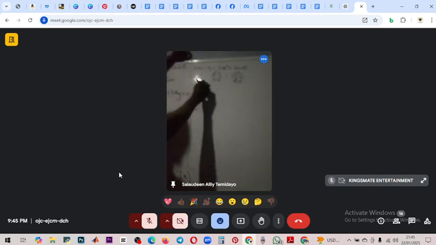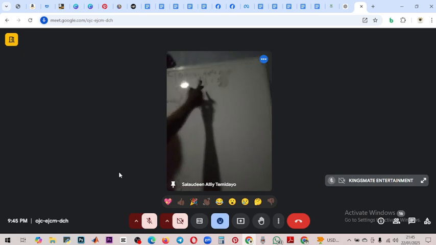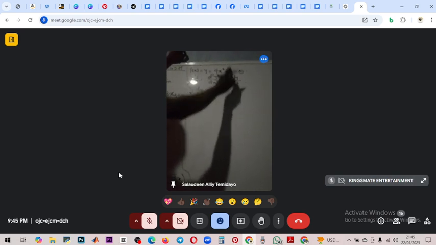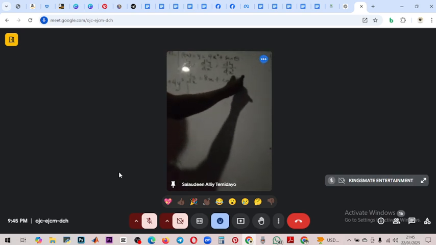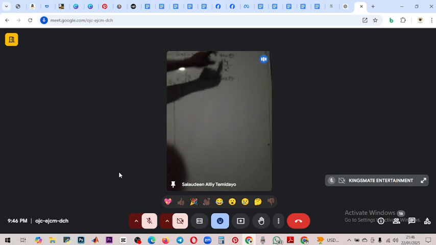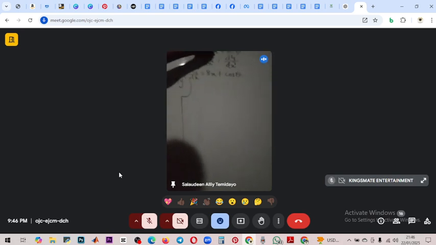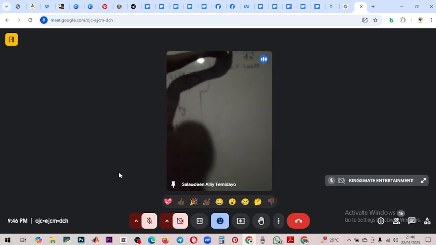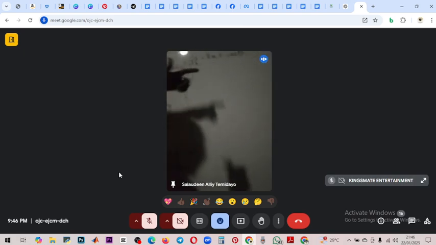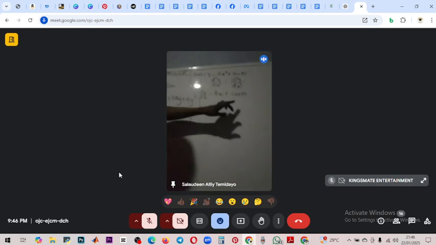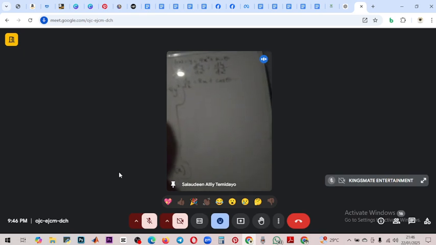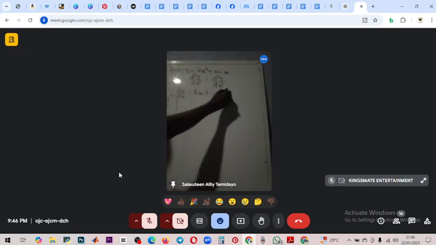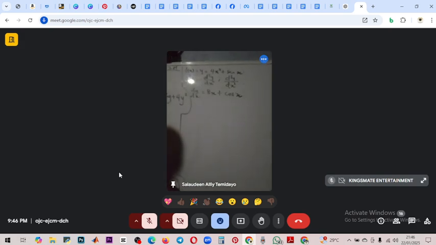What is that going to be? My dy/dx is going to be 4x squared will become 8x plus sine theta becomes cosine theta. I differentiated both of them using the sum rule. The derivative of 4x squared is 8x, and derivative of sine theta, let me use x, sorry, sine x is cos x.